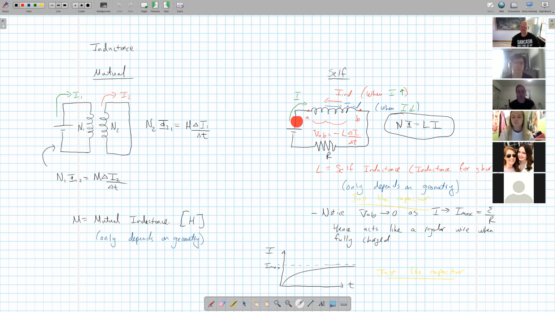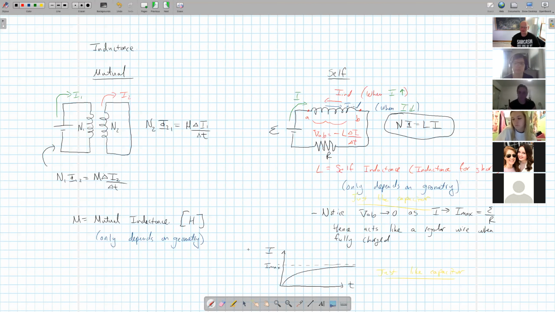Self-inductance, again, so let's say I'm looking at this circuit, which has our solenoid, which is also called an inductor, and that's connected to a battery, which is also connected to a resistor. So this is our battery EMF.